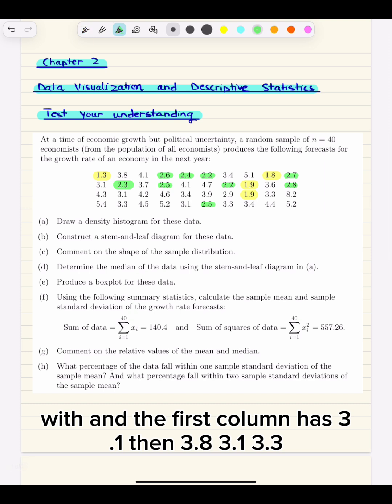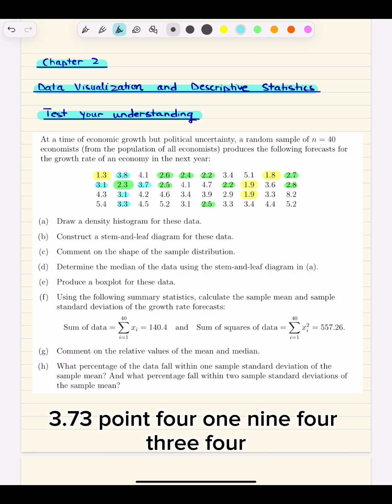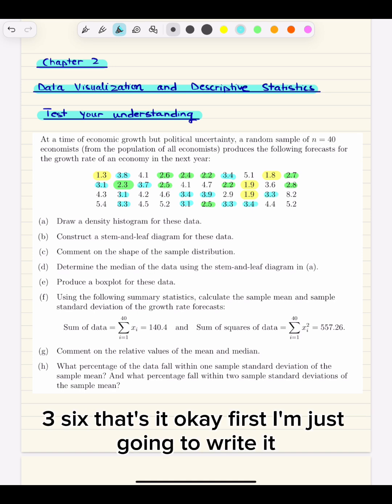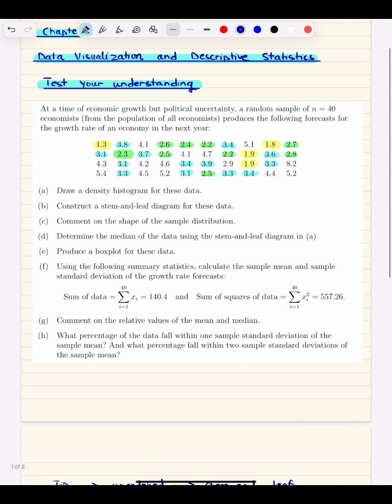The first column has 3.1, then 3.8, 3.1, 3.3, 3.7, 3.4, 3.1, 3.9, 3.4, 3.3, 3.4, 3.6. That's it. Okay, so first I'm just going to write it column by column.